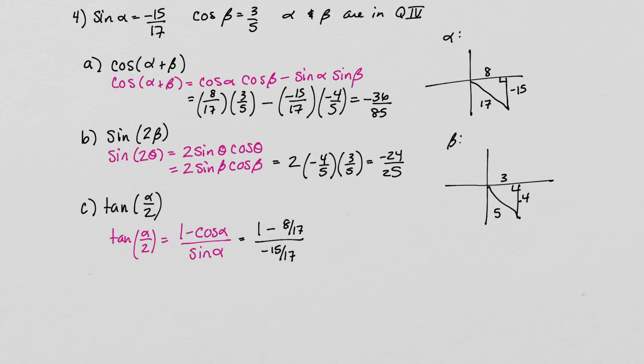I can multiply this whole fraction top and bottom by 17. So we're going to end up with 17 minus 8 divided by negative 15. And 17 minus 8 is 9. So 9 divided by negative 15 is negative 3/5.